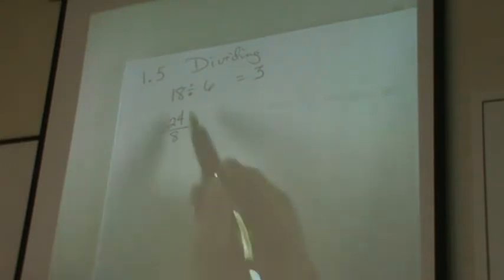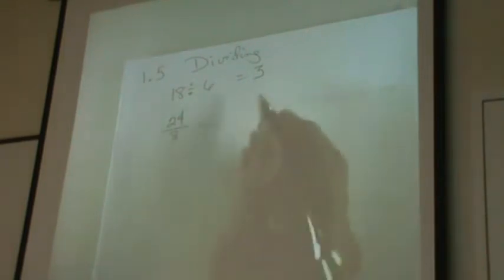What's 18 divided by 6? It's 3. Or it could be written as a fraction, like 24 over 8. That means 24 divided by 8, which is also 3.